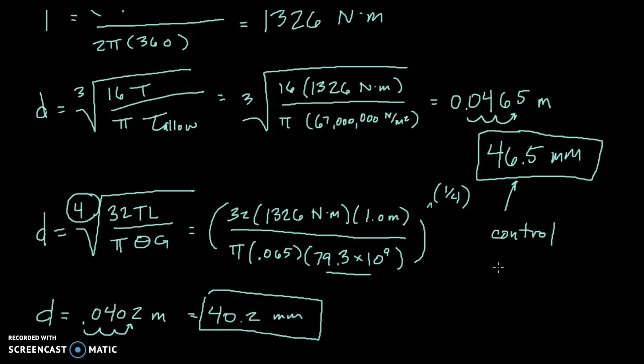I'm not sure, if you were to go out and buy one, what types of increments they come in. I'm guessing maybe 5 millimeters, so 5 or 10. So I'd say we could probably round that up for design purposes and use a 50 millimeter diameter steel rod.